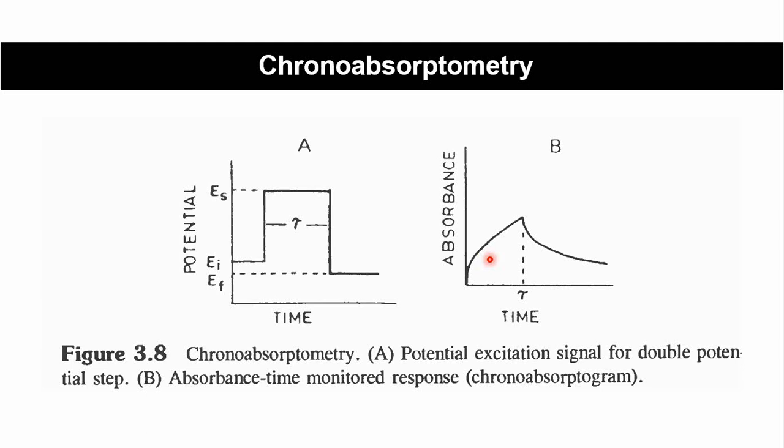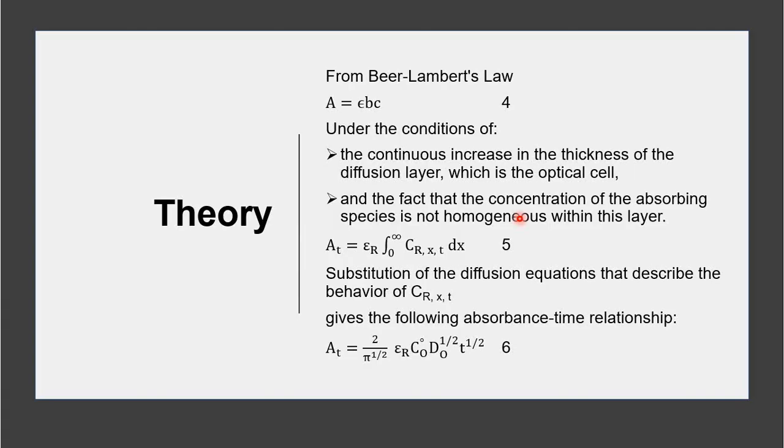So if you look closely, for absorbance we know that the law which is applied is Beer's law, which gives A is equal to epsilon BC, and in this equation we have A as absorbance, epsilon is the molar extinction coefficient, C is the concentration, and B is the path length.